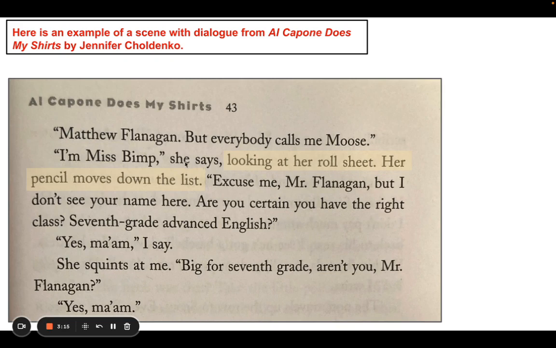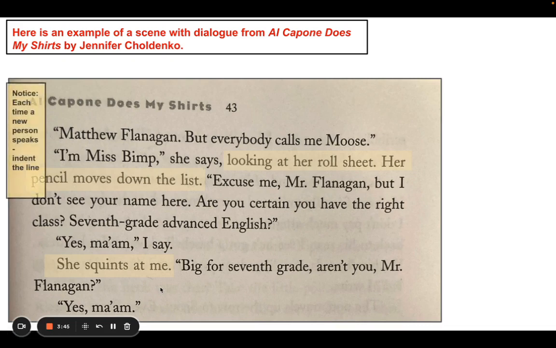We have it up here, and we have yes, ma'am, and then we've got the I say. There's your Moose. It's in the first person in the book. And then we have a little action, a facial expression. She squints at me. So instead of the speech tag, you can put some expressions, a little actions. Yes, ma'am. There's nothing here, but we know that it's Moose.